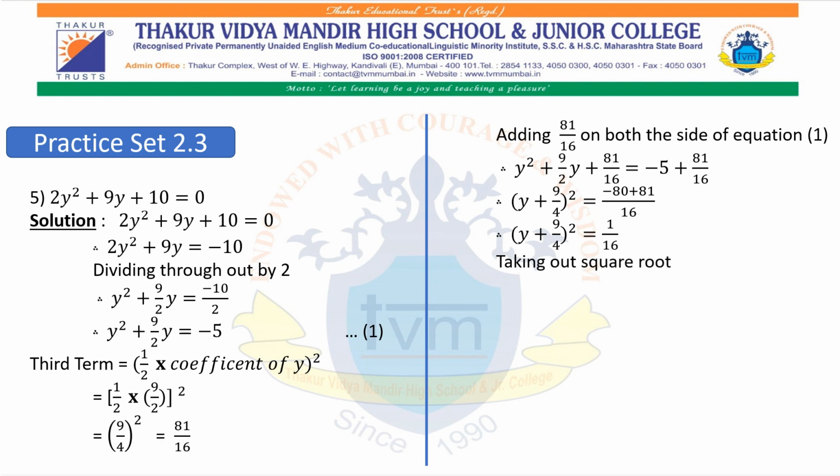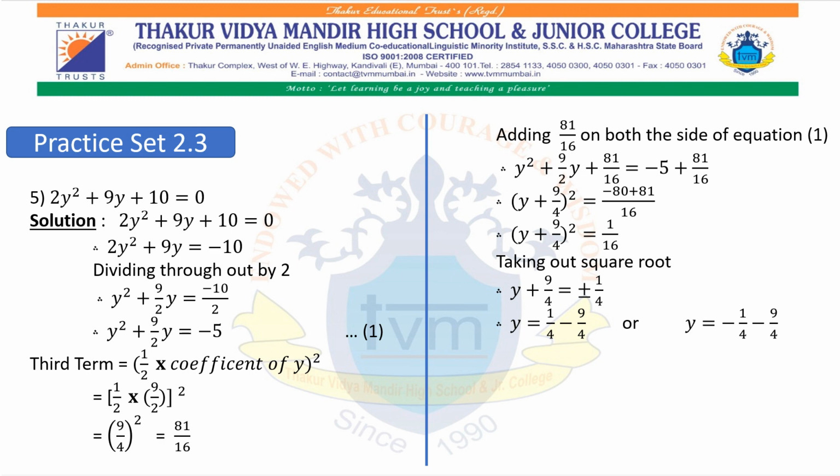Now taking out square root, on the left hand side we will get y plus 9 upon 4, and on the right hand side we will get plus minus 1 upon 4, which will further be written as y equals to 1 upon 4 minus 9 upon 4, or y equals to minus 1 upon 4 minus 9 upon 4.